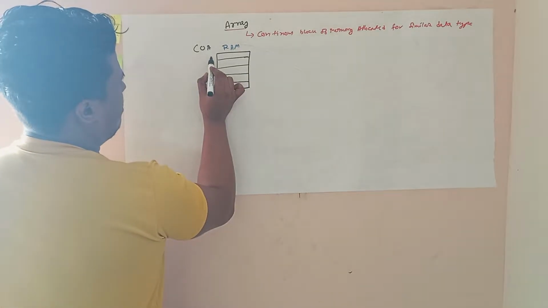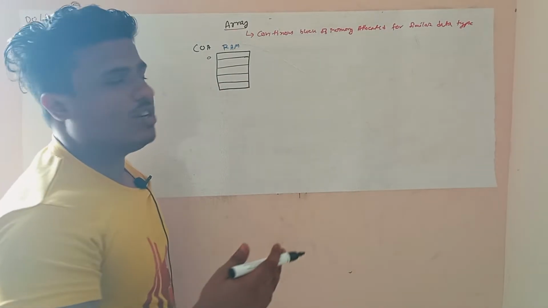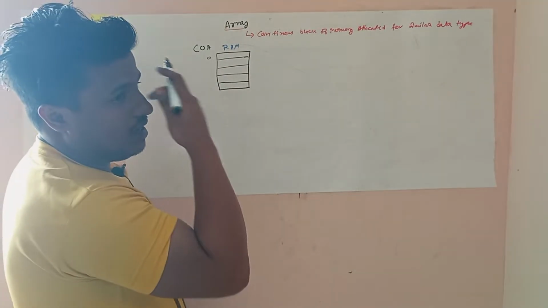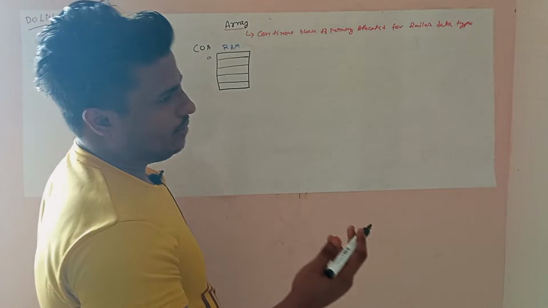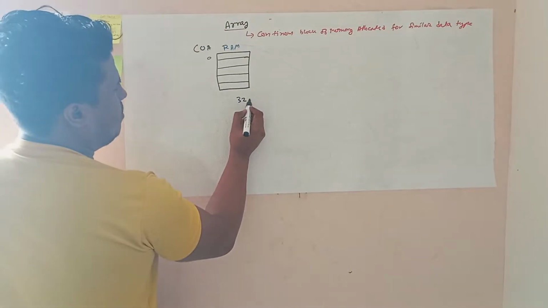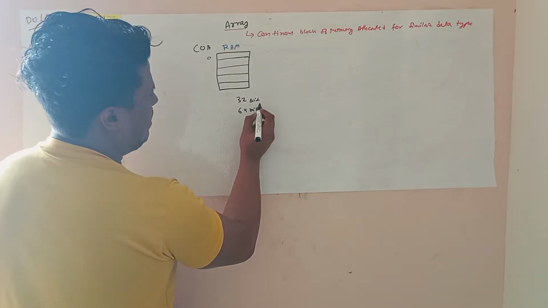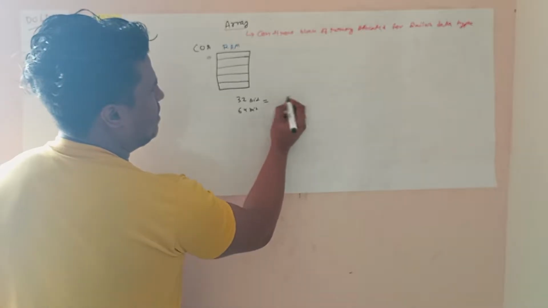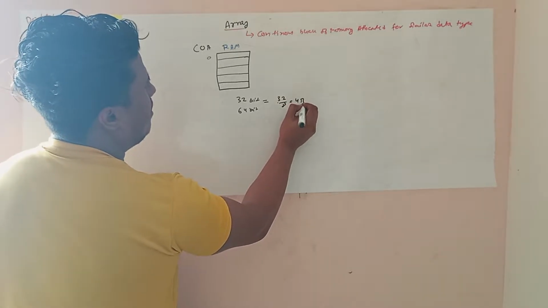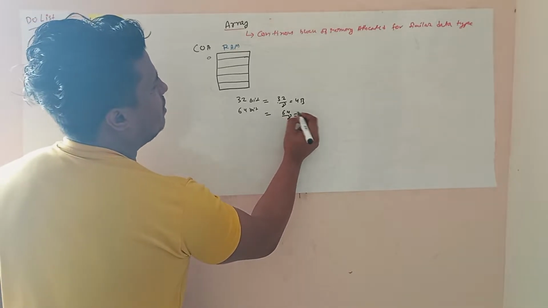It can be an address, not 0 1 actually, I'm just writing 0 1 for simplicity. It's actually a hexadecimal address, which is preferred by any 32 bit or 64 bit system. 32 bit is 32 by 8, equal to 4 bytes, and 64 bit is 64 by 8, equal to 8 bytes.